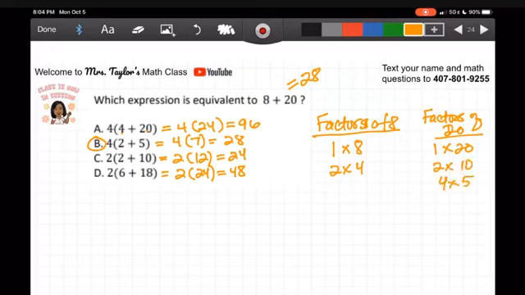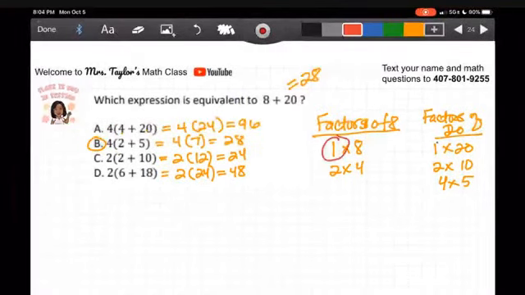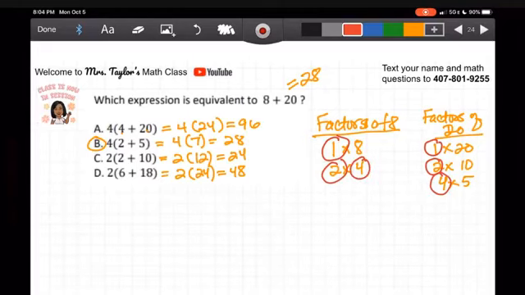And so we're looking at what they have in common. So we know we have 1 and 2 and 4. All right. So we take the GCF of both of them, and it's going to be 4.